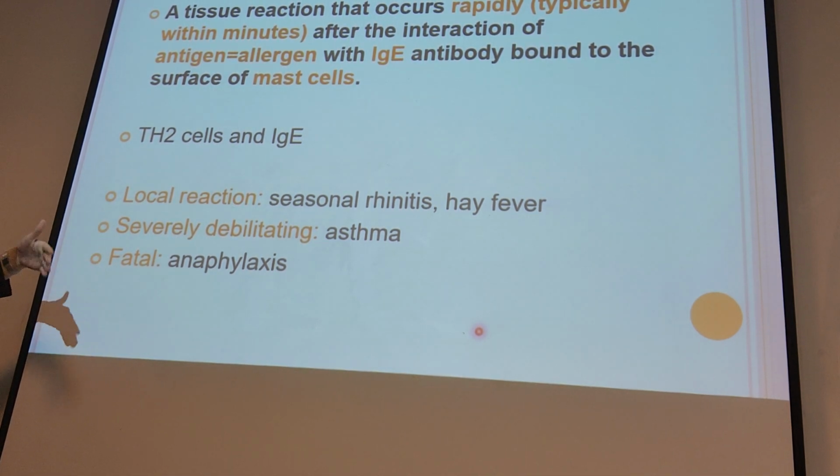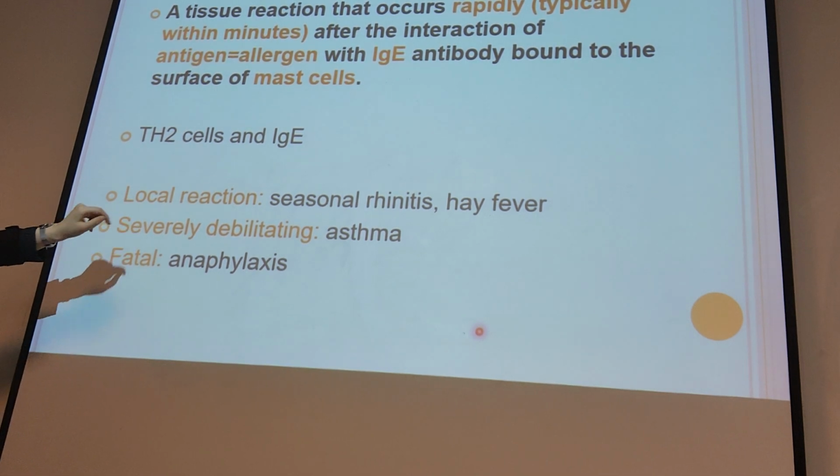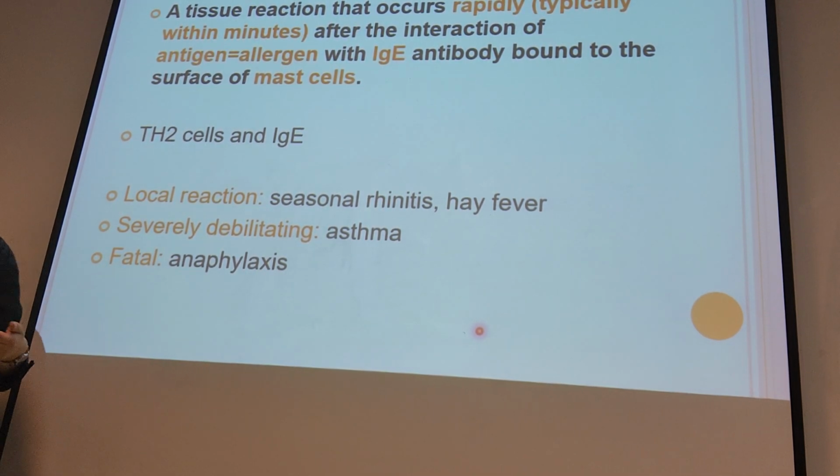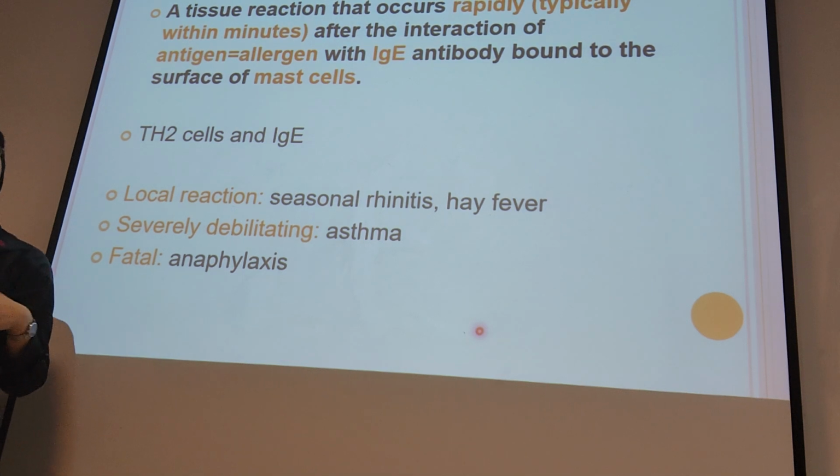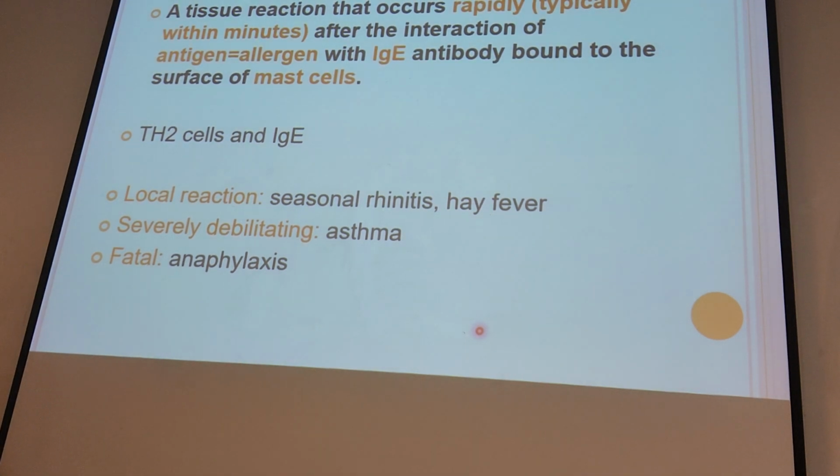And we have different types of type 1 hypersensitivity. Sometimes the reaction is local. For example, you have seen patients with seasonal rhinitis. In some seasons, for example in autumn or other seasons, it depends, they start to have symptoms of rhinitis, rhinorrhea, and pruritus and things like that.